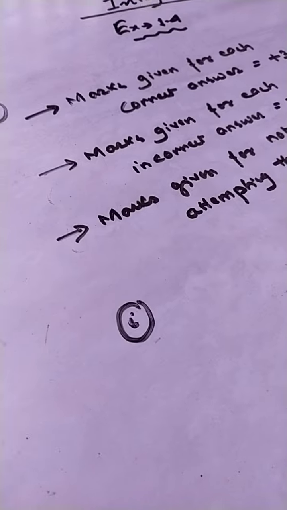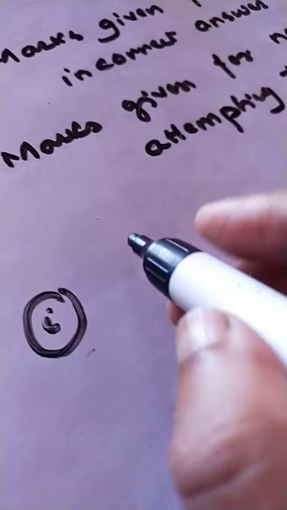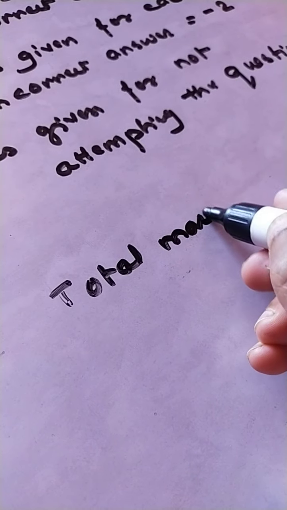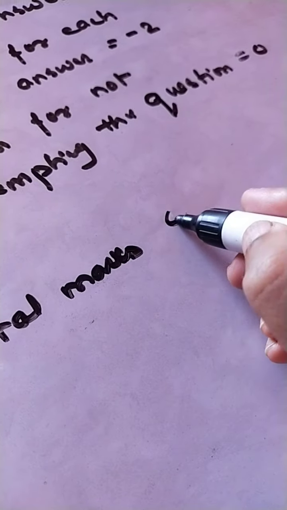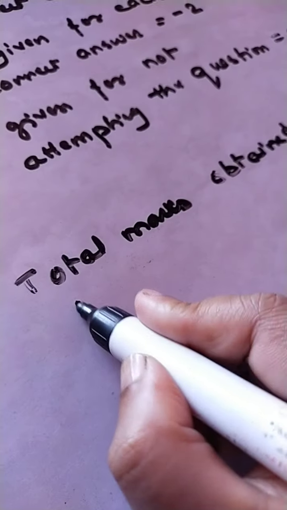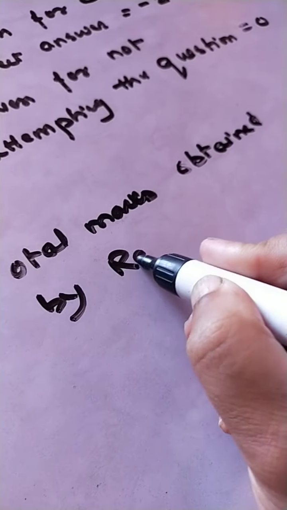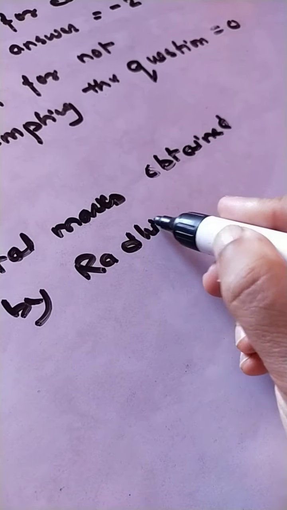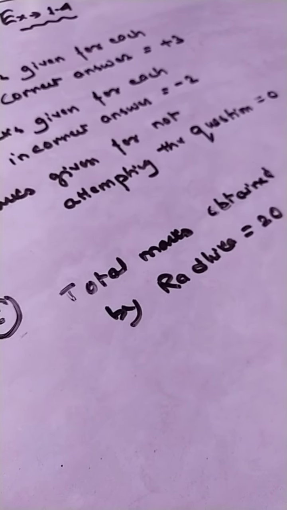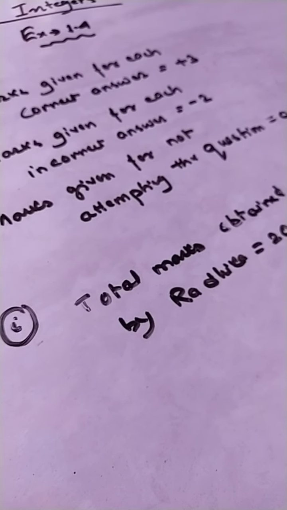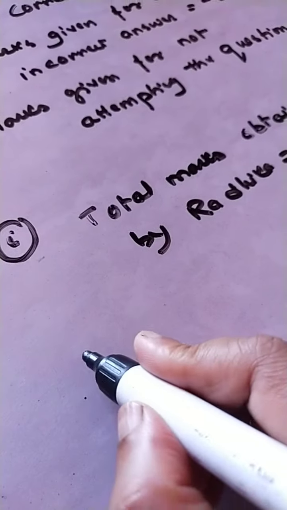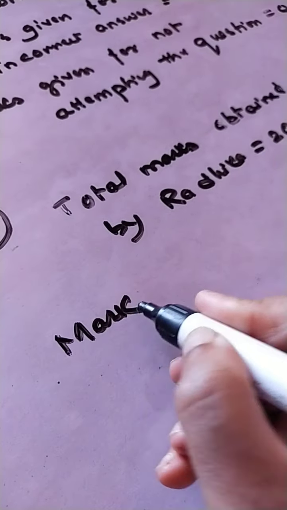So what is the total marks obtained? The first thing that we'll write is total marks obtained by Radhika equals 20. Now, how many correct answers has she given? 12 correct answers. So we'll find out how much marks she has scored from correct answers.